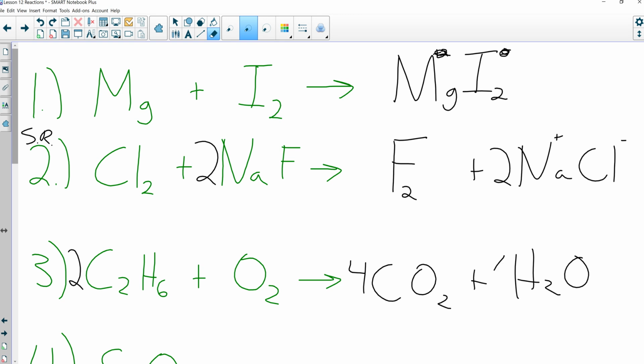Okay, so now what do I do with the oxygens? Okay, 4 times 2 is how many? 8 plus 6 more is 14. What times 2 will give me 14? Okay. It's easy to forget. There's oxygens in both places on that product side.